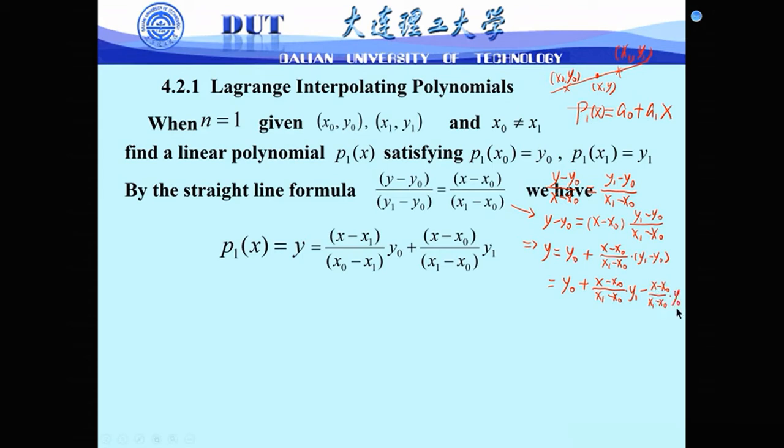Now here we have y0 here and also y0 here, so we compute the summation for these two terms.